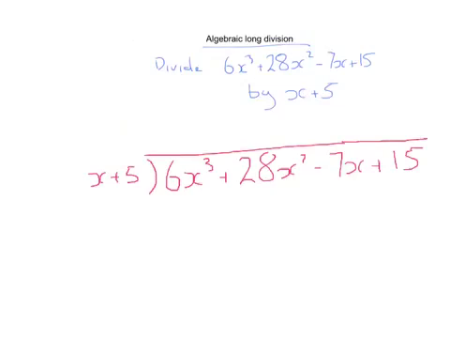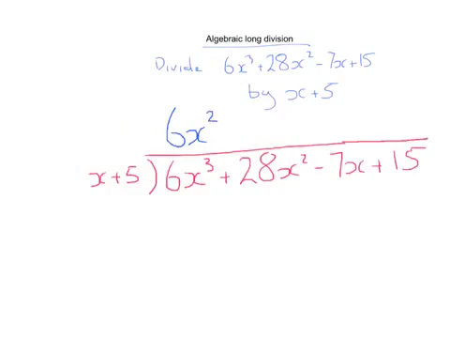Okay, so first we work in terms of individual terms. If I take my 6x cubed and divide it by x, what would I be left with? We're just dealing with dividing by the x first, and that makes life a lot easier, and the rest will hopefully fall into place. Above it would be 6x squared.